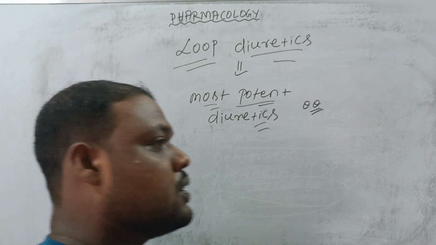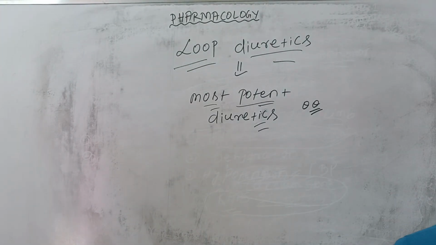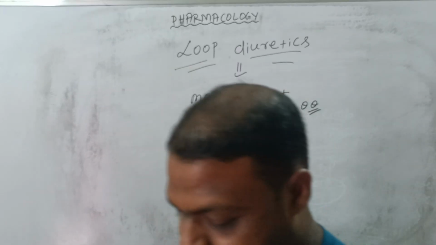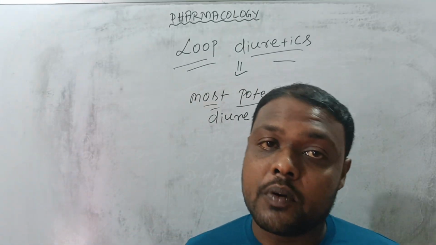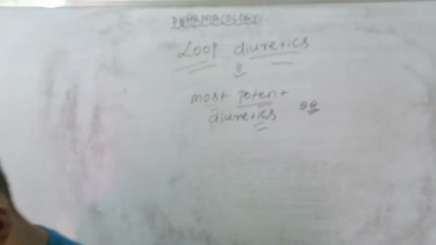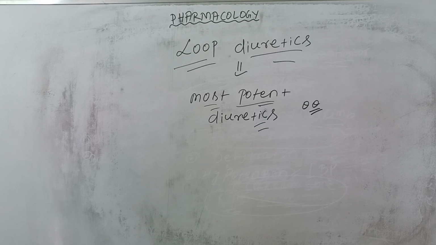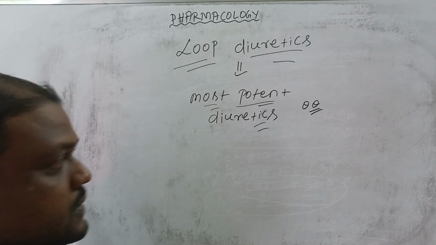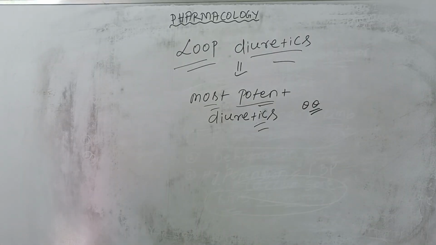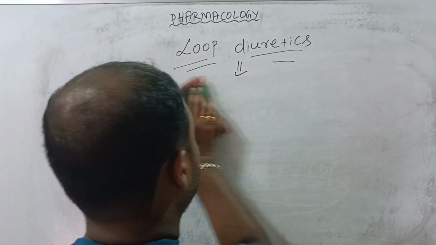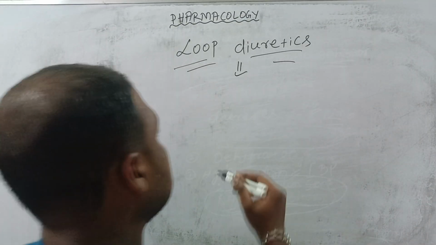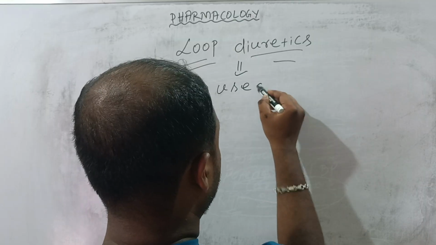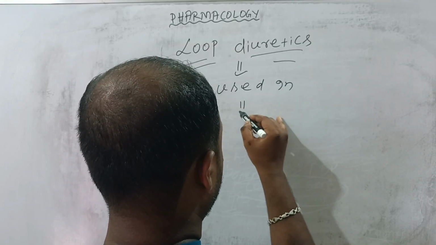The loop diuretics are used in high hypertensive patients and pulmonary edema patients.